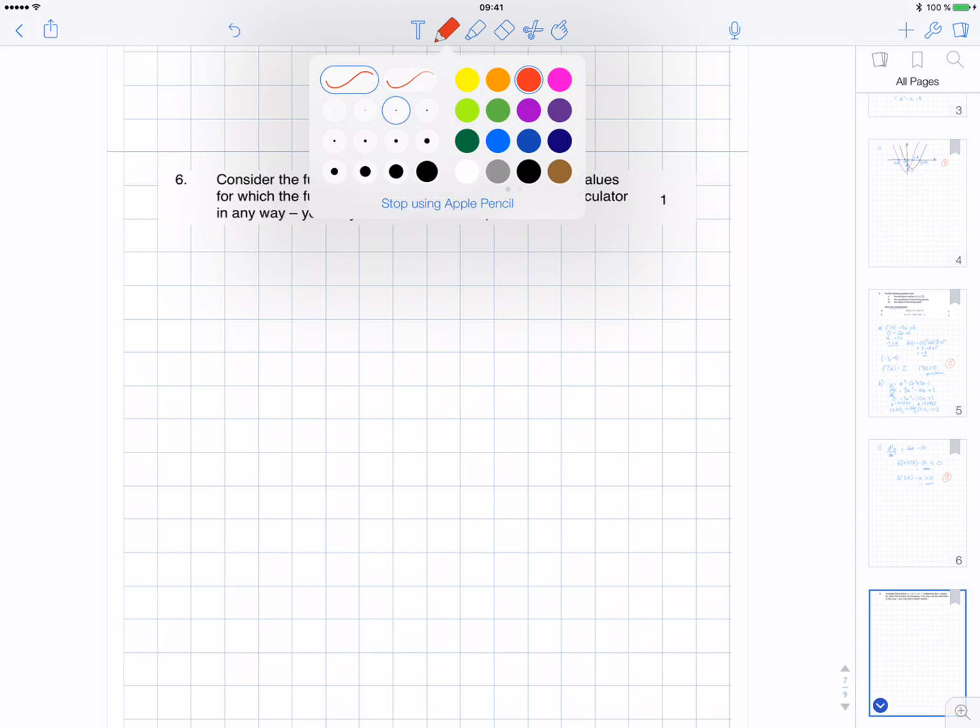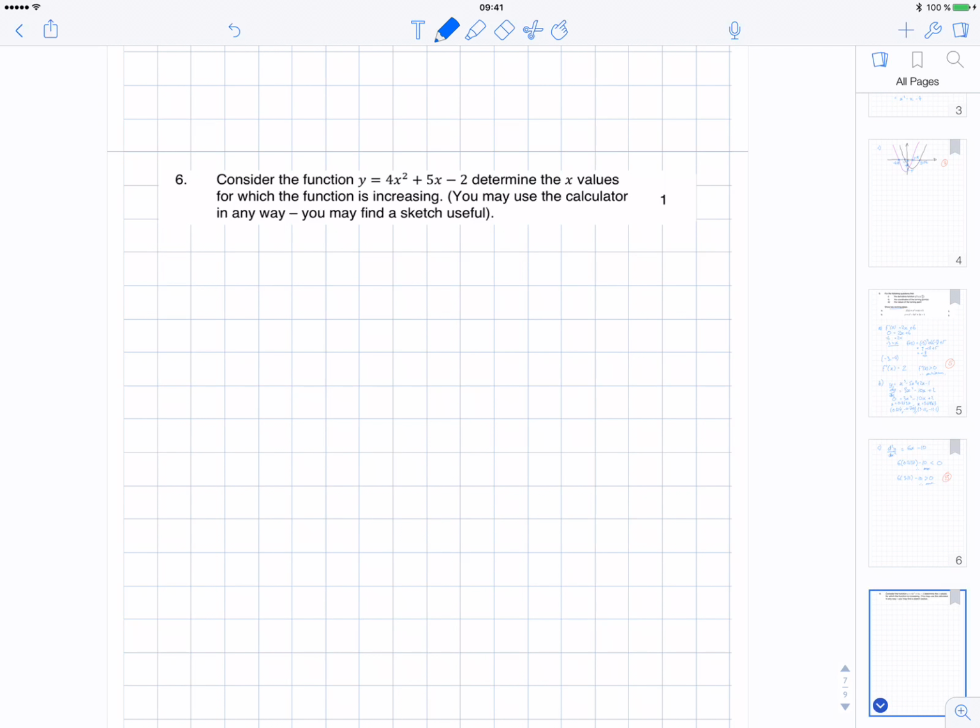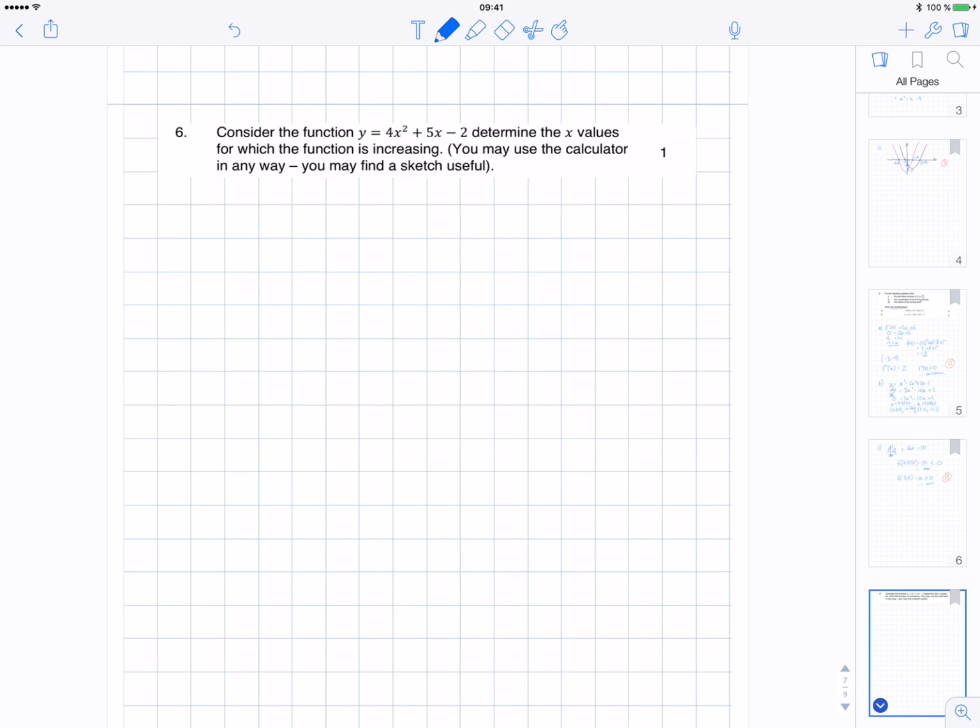Question 6. Consider the function y is equal to 4x squared plus 5x minus 2. Determine the x values for which the function is increasing. So you may use the calculator in any way you wish. So I'm just going to add a new problem. Insert problem. Plot the function on the graph page. So 4x squared plus 5x minus 2.